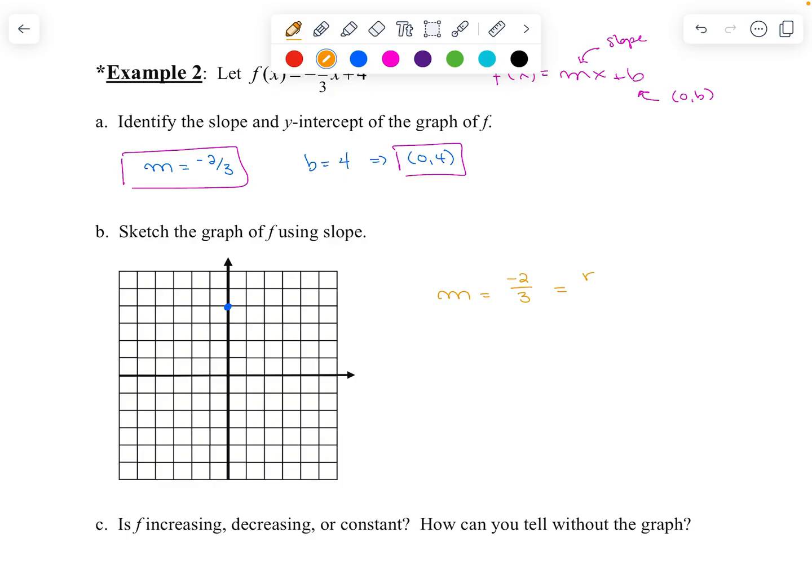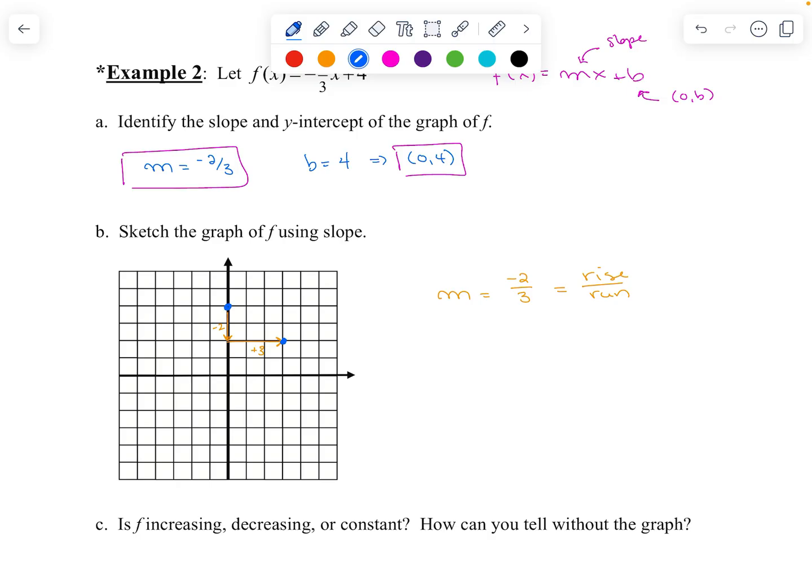We can always think about this as rise over run. So I can go down by 2, so that's where that negative 2 is. And then I'm going to run, so I'm going to go positive 3. So that's where I'm going to have another point on my line.